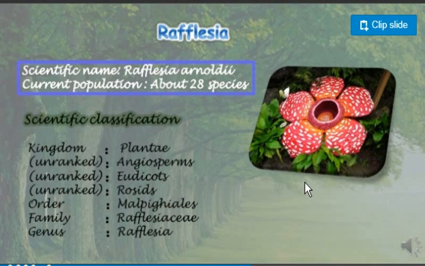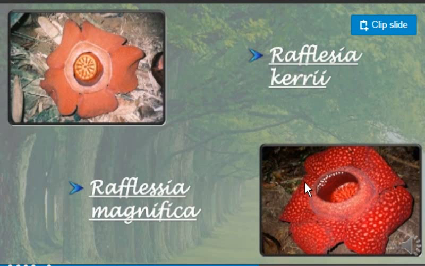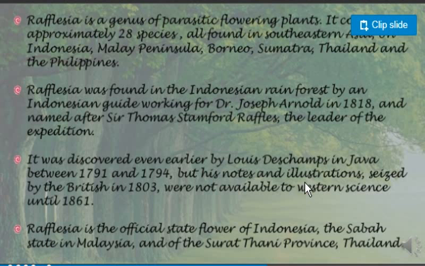Rafflesia. It is also an endangered plant in the world. Rafflesia arnoldii and Rafflesia magnifica. Rafflesia is a genus of parasitic flowering plants.